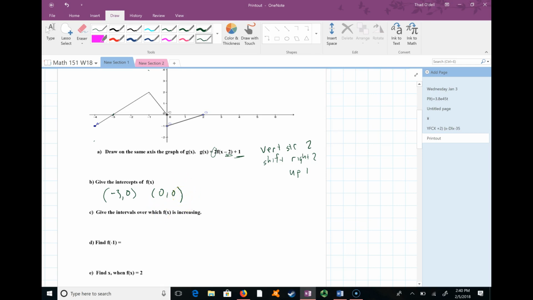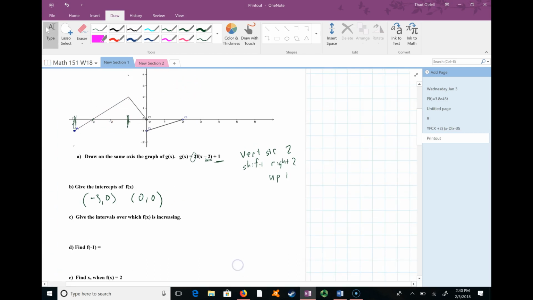Okay, give the intervals over which f of x is increasing. So we're looking for intervals of x where the y values are getting larger. So as I go from -4 to -1, the y's get larger as I go from left to right. So that would be written like this, -4 to -1. I'm writing in interval notation.